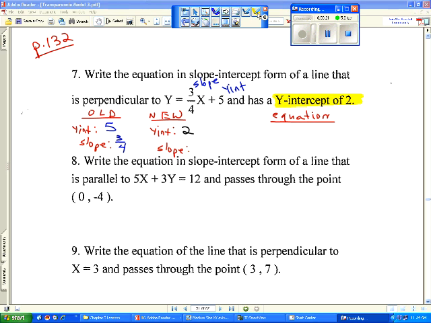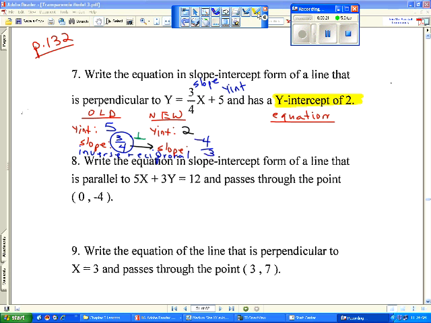We need to find the new slope. It says that the lines are perpendicular. Perpendicular lines have inverse reciprocal slopes, which means that you flip it and change the sign.